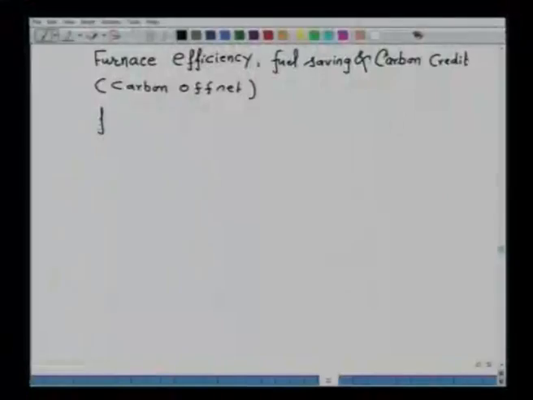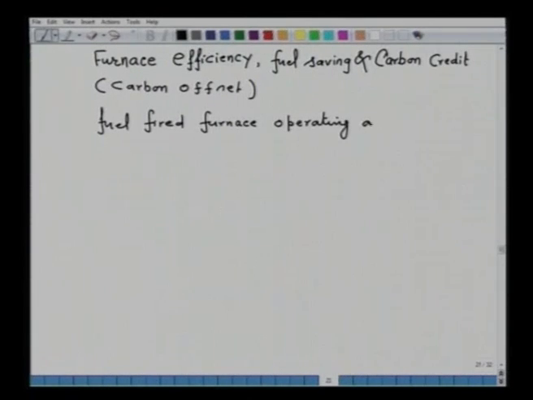So, let us first of all consider the furnace efficiency. Now, for that, let us consider a fuel fired furnace, which is operating at temperature Tu.